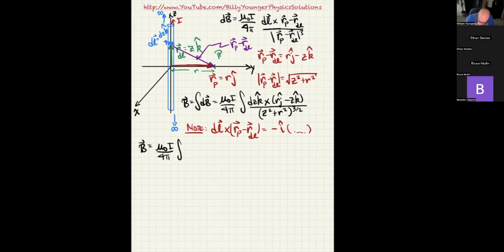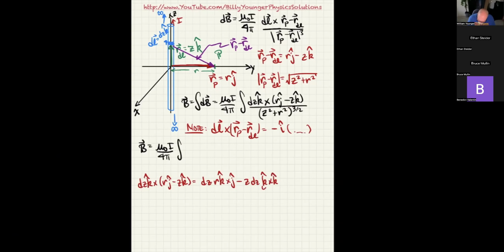So for instance, let me do it like a sidebar over here out of the way. Let's say dz k hat crossed with r j hat minus z k hat is equal to dz r k hat cross j hat, plus, or minus, I should say, because there was a negative sign in front of the z, minus z dz, and now I'm going to have k hat cross k hat.